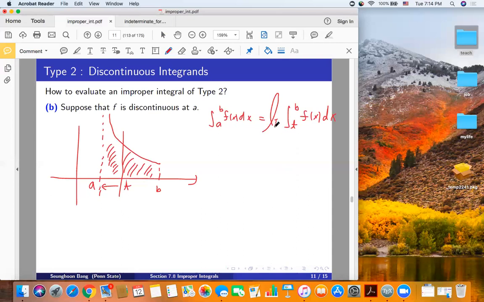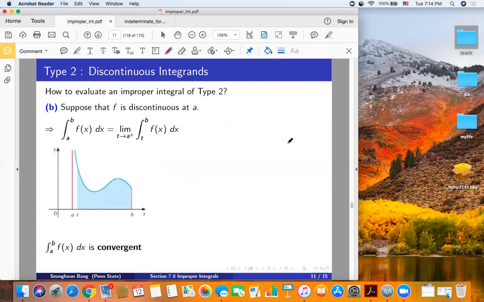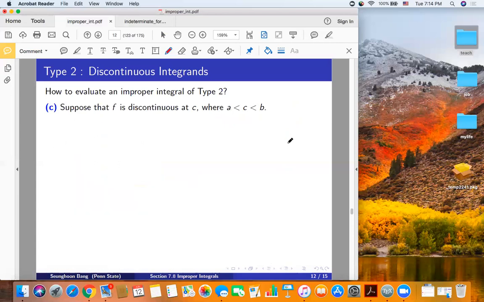So the limit as t approaches a from the right. That's it. This is the whole idea. Like this. So for the improper integral, if the limit exists, it is convergent; if the limit does not exist, the improper integral is divergent. This is the idea for solving the second problem.